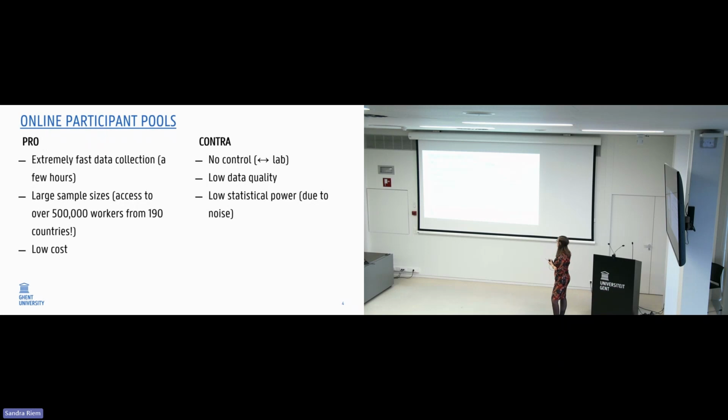That's something we saw, and therefore you need many more observations. If you want to find your effects, you need more observations and higher statistical power. So there is low statistical power due to the noise that they induce in your data set. Those are the cons. And therefore, although one worker is cheaper than maybe one student, you need many more observations. So in total, I believe the cost will be rather the same.